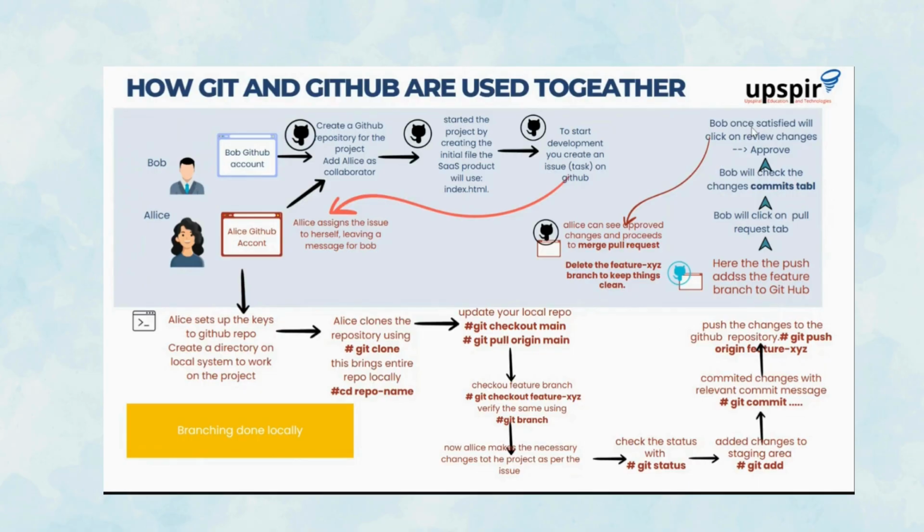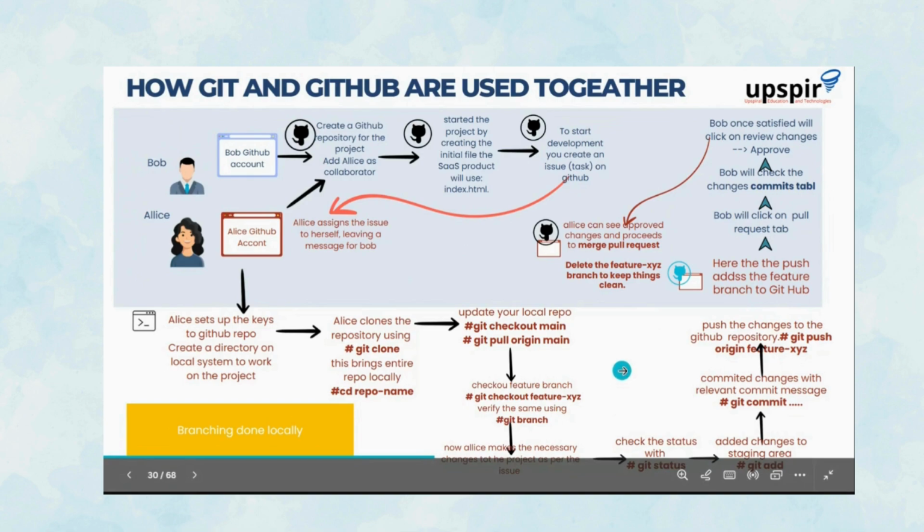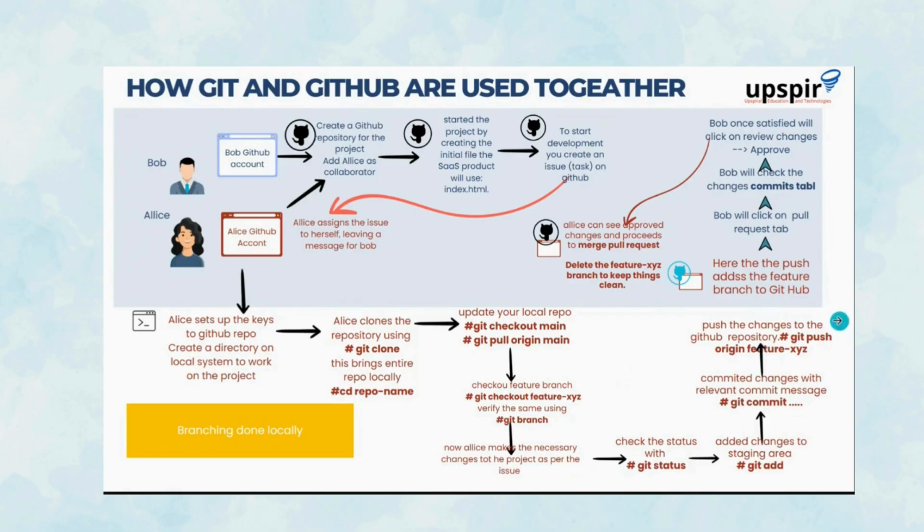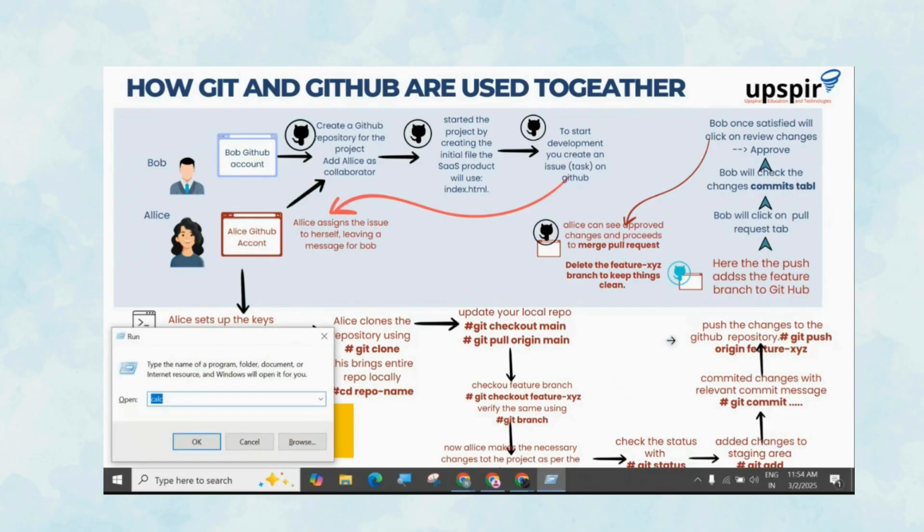There is one more use case here that is there in the practicals part also: instead of doing this git push in this workflow, you simply go back to your main branch, git checkout main, run that command, and then you use git merge. Let me just write it down for you.